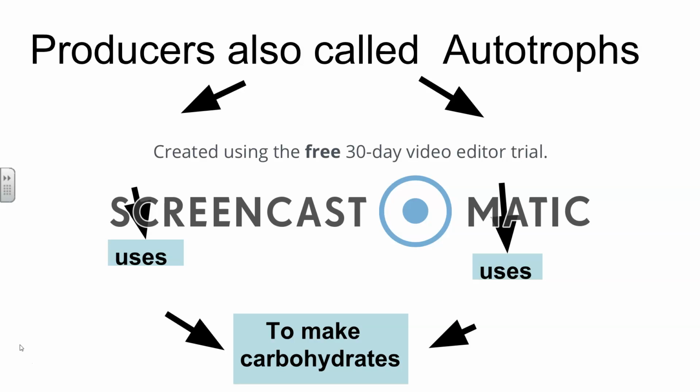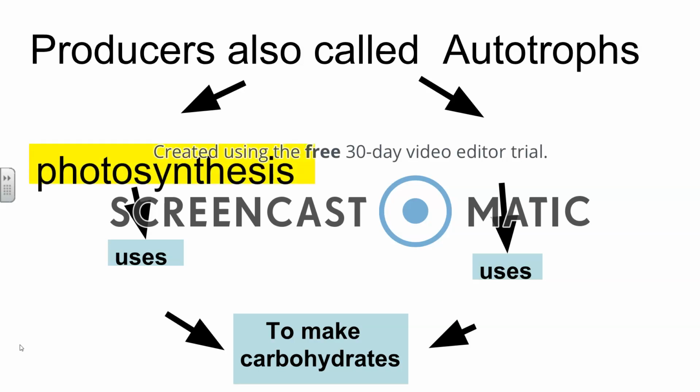And you guys already know about one type of autotroph, which is what? What can make its own food? Plants. Yes. So photosynthesis was the key word.